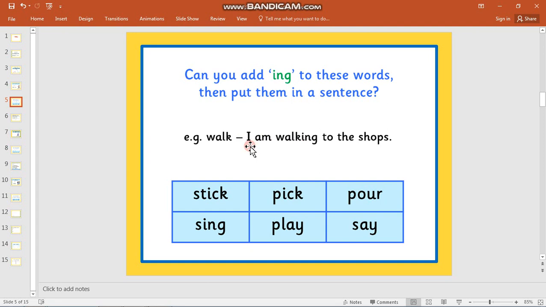And in the sentence, I am walking to the shops. Could you please add the suffix ing to the words stick, pick, pour, sing, play, say? Put those into a sentence for me. You can pause this video now and play it again when you have your sentences ready.